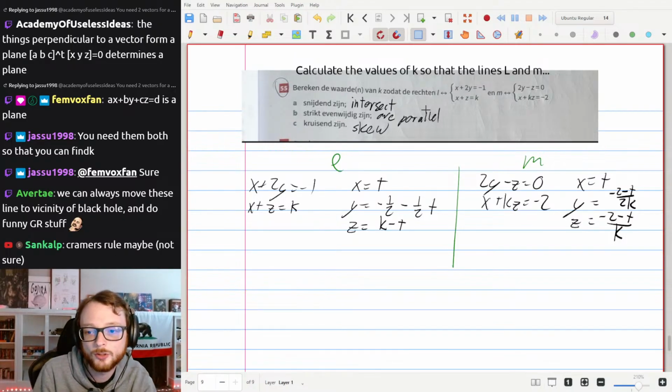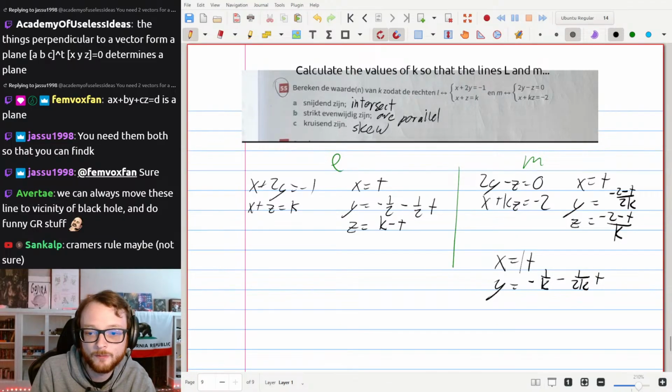Okay, I should... There's a helpful rewriting of y here to make it look more like the L. So in order for these to be parallel, what needs to be true?